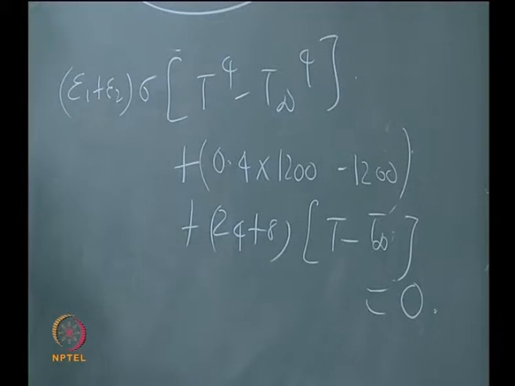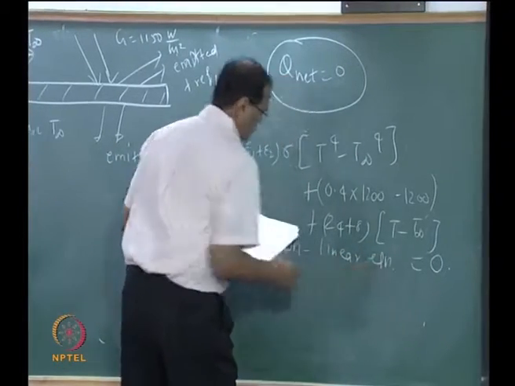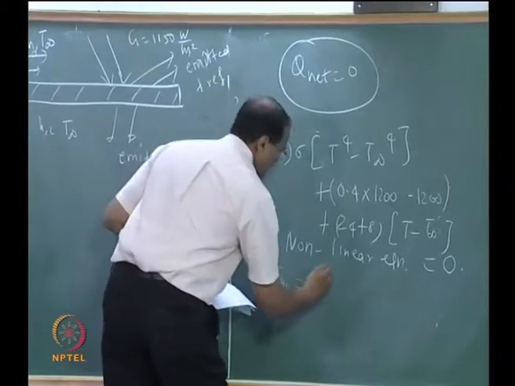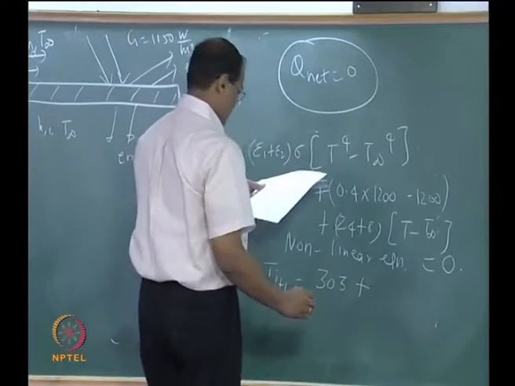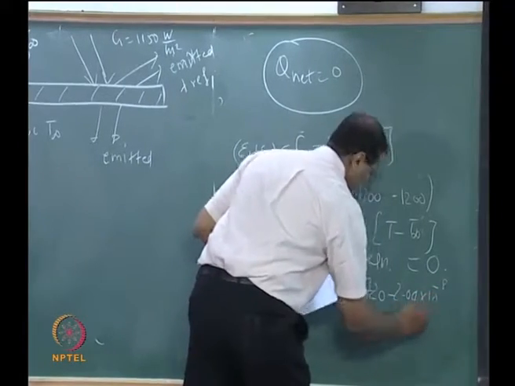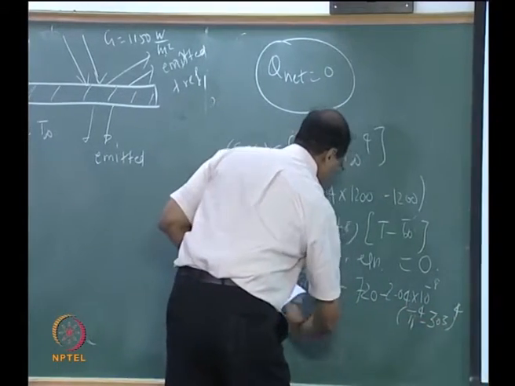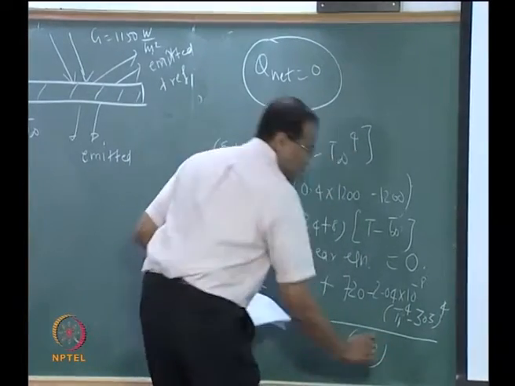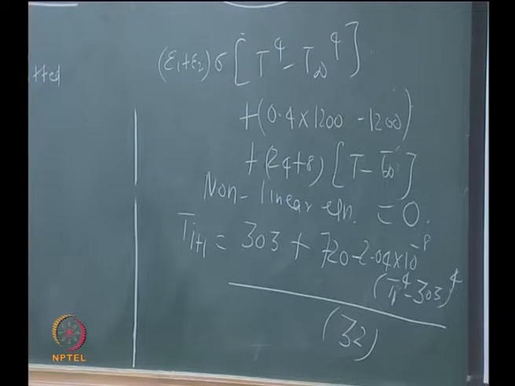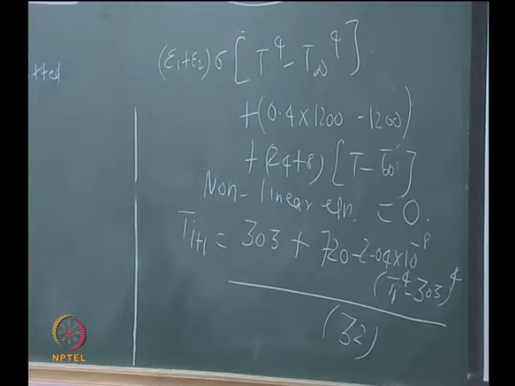Fine. Now this is a nonlinear equation. So T i plus 1 equals... Let us start with T i equal to 310, so it will drive the right side, so you will have 303 plus 720 minus whatever.